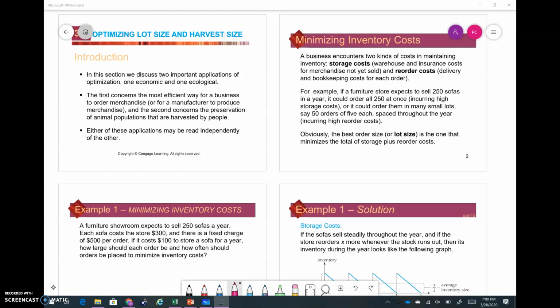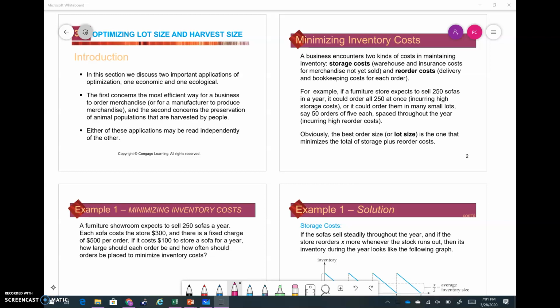For example, if a furniture store expects to sell 250 sofas in a year, it could order all 250 at once, which would incur high storage cost, or it could order them in many small lots, say 50 orders of 5 each, spaced throughout the year, which would incur high reorder cost.